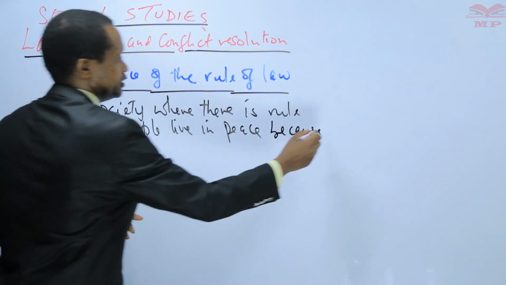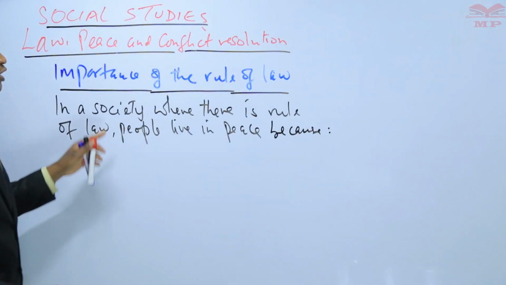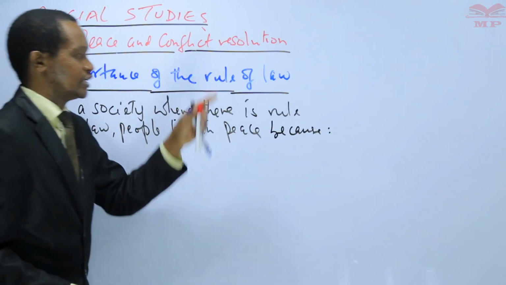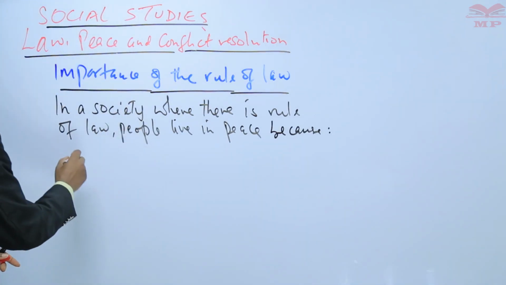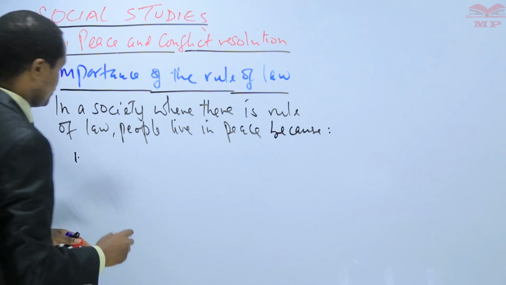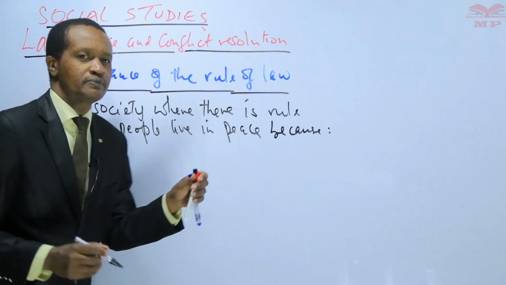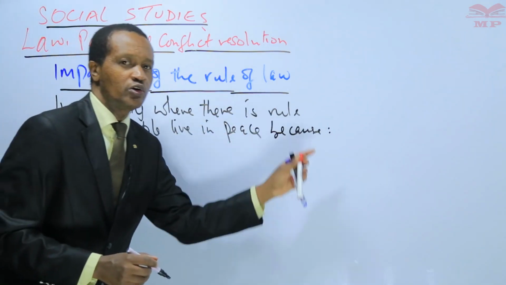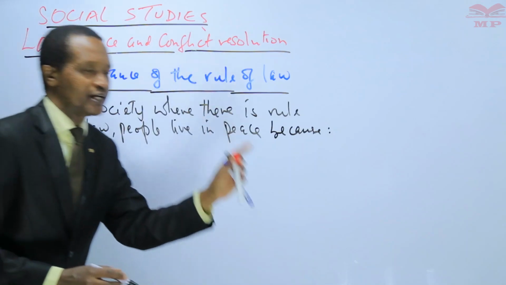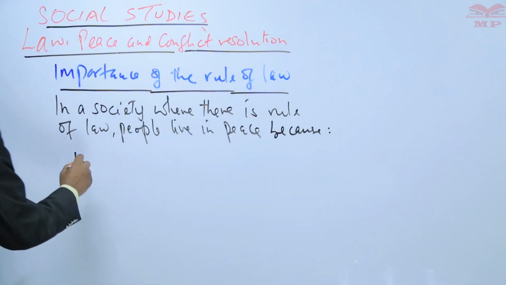We are going to give reasons, and that's what we are calling importance of the rule of law. The first reason is that people live in peace because the law is applied fairly.